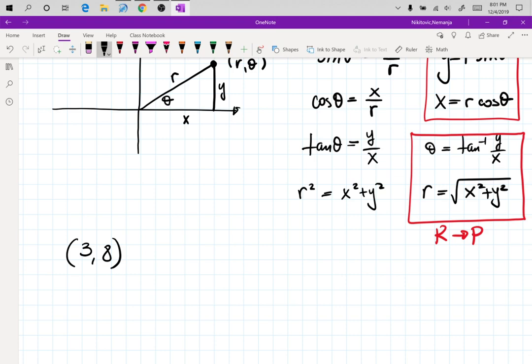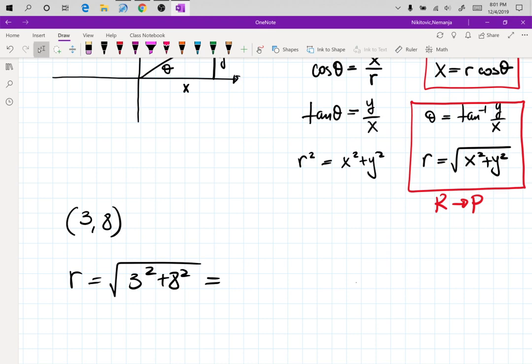To convert that into the polar system, your r is going to be the square root of 3 squared plus 8 squared. Okay, good luck there. The inverse tangent is even going to be worse than this. So now we have the square root of 9 plus 64. It's the square root of 73.